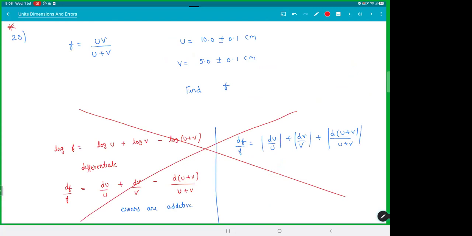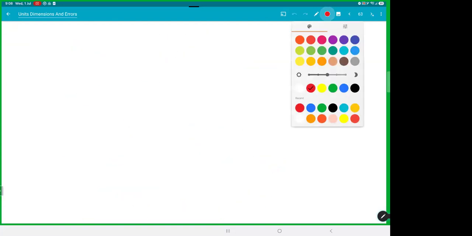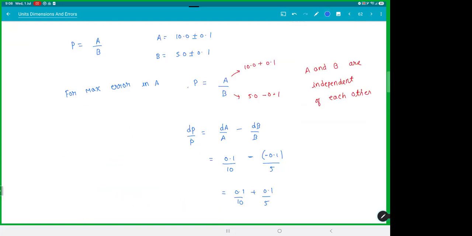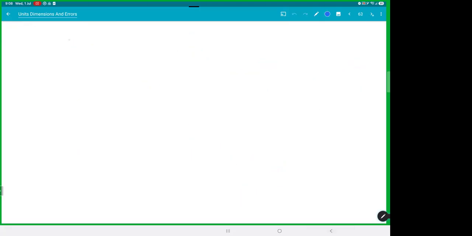But look at the problem here. Suppose the same thing, if I do like this, P is equal to A minus B by A plus B. Now to get the maximum error, what should happen?